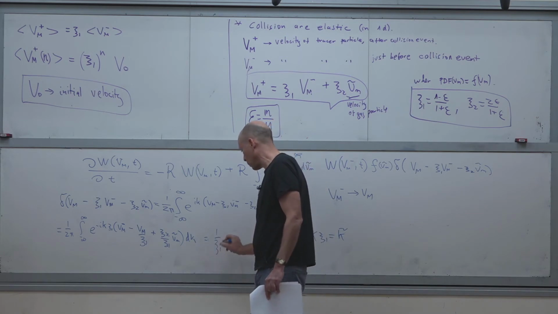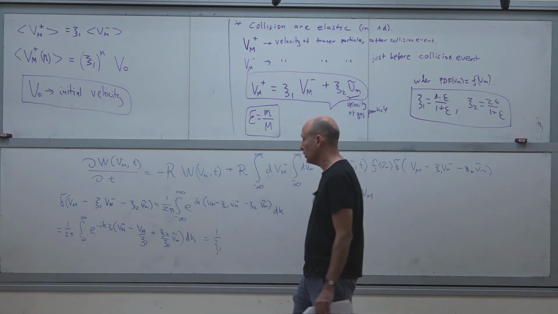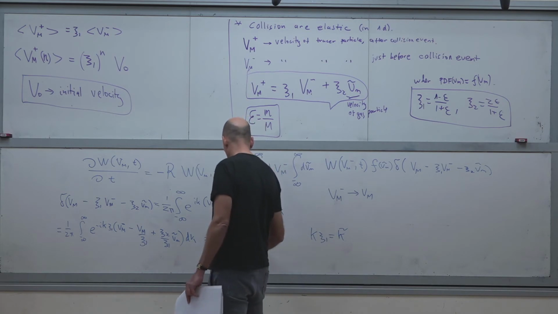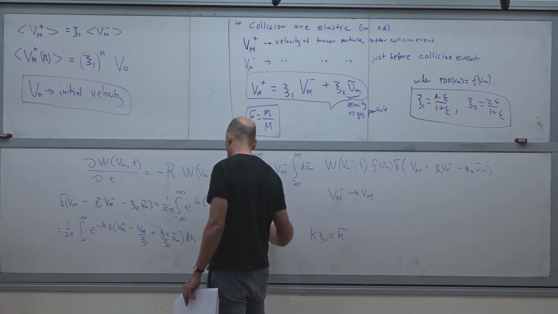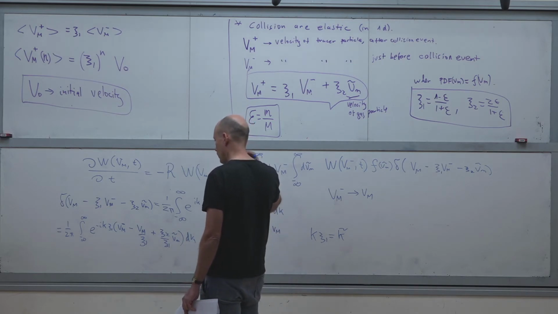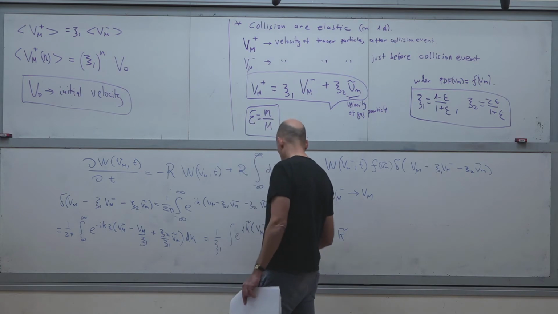So this is the Jacobian I was talking about. And then you have the integral of e to the plus, who cares, i k tilde times Vm minus Vm over psi1 plus psi2 over psi1 Vm, the small mass.